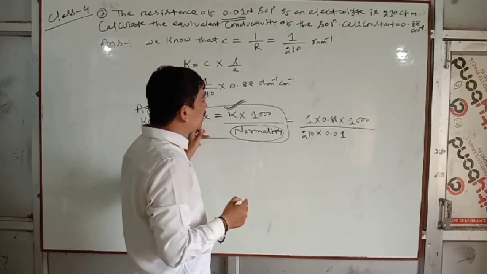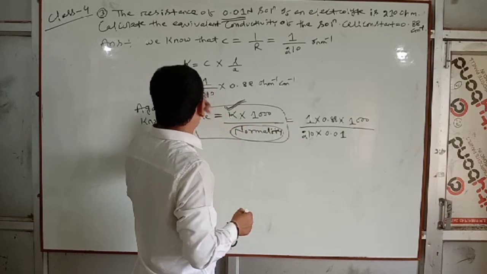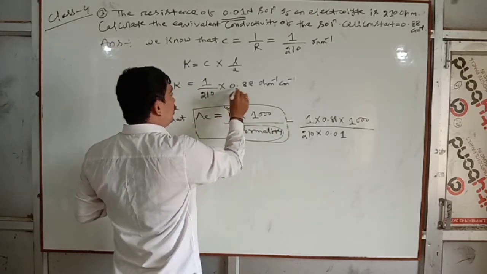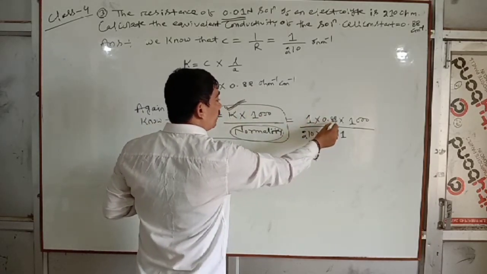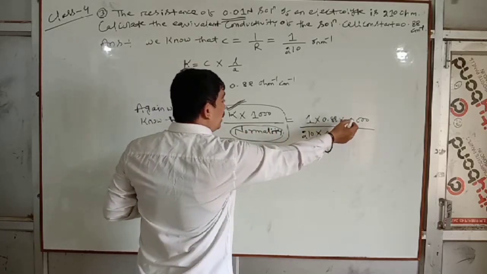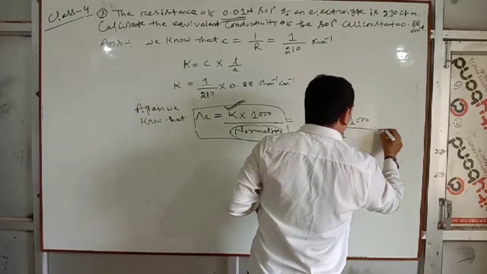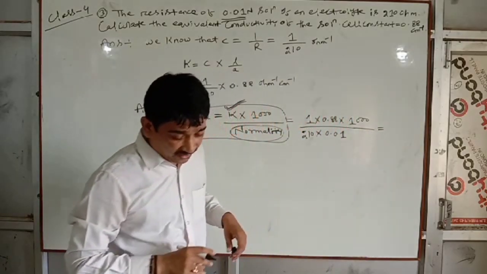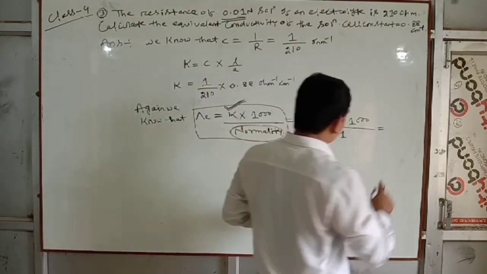So equivalent conductance equal to 1 by 210 into 0.88, into 1000 by 0.01. So this will give the value 419.